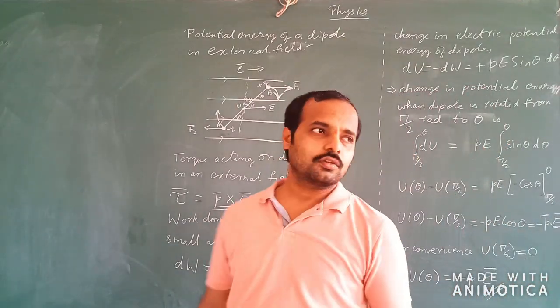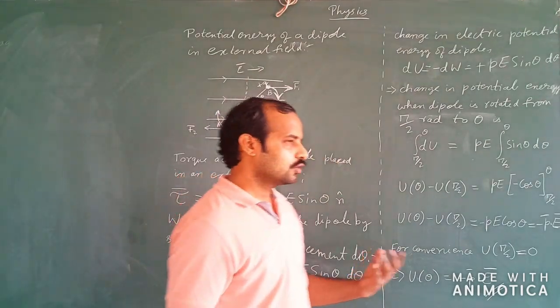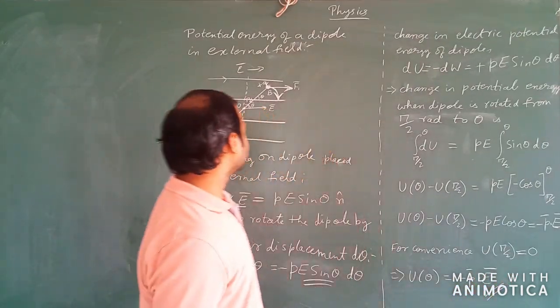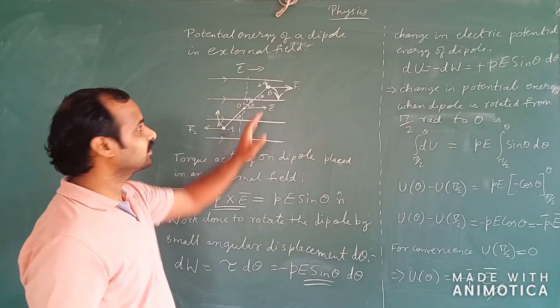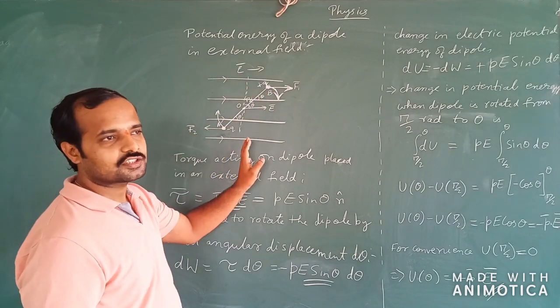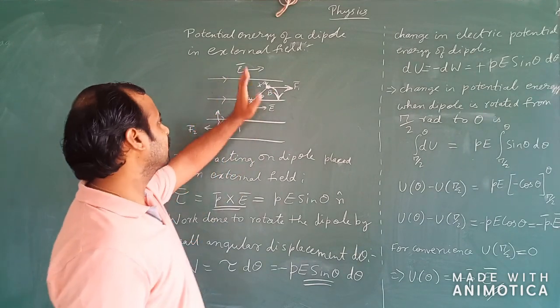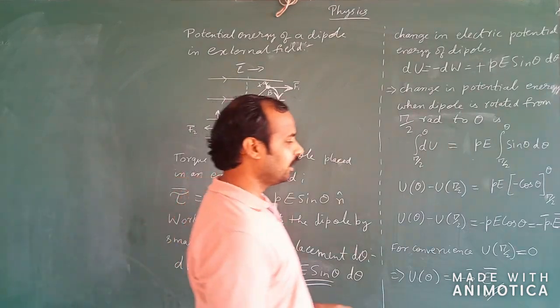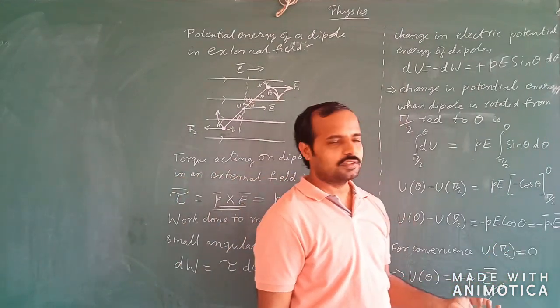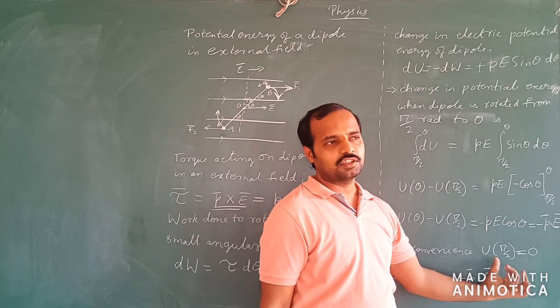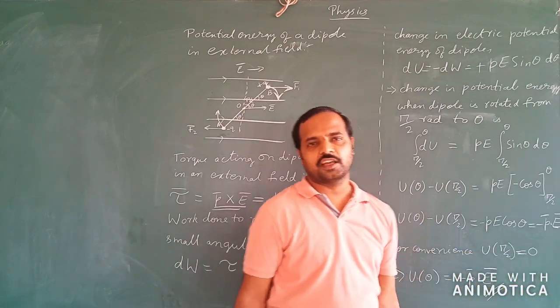That is, we can also talk in terms of the angles. So here in this case, the initial angle of inclination can be taken as the origin, that is theta equal to pi by 2, and at that position U of pi by 2 can be taken as equal to 0.